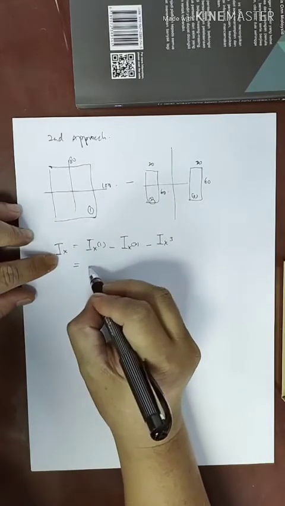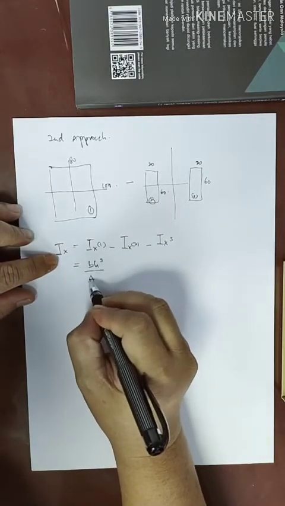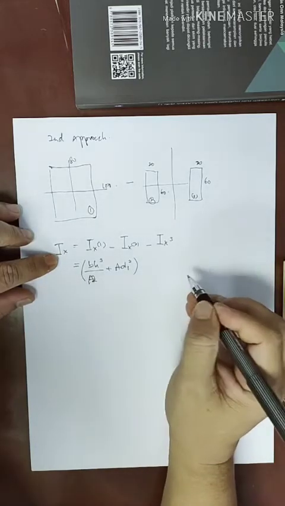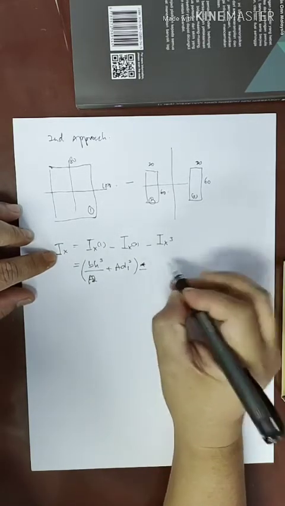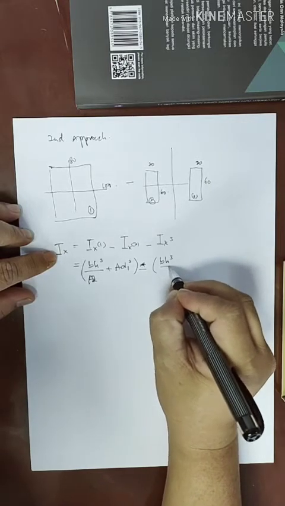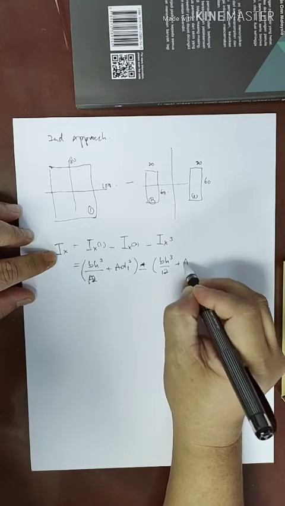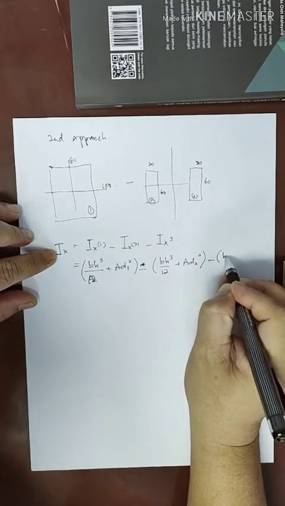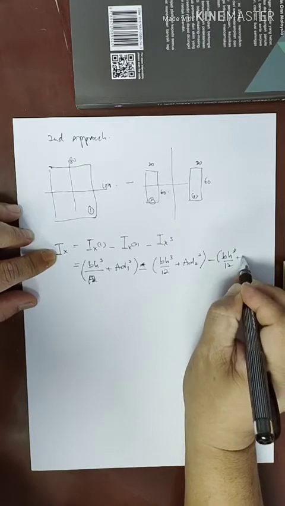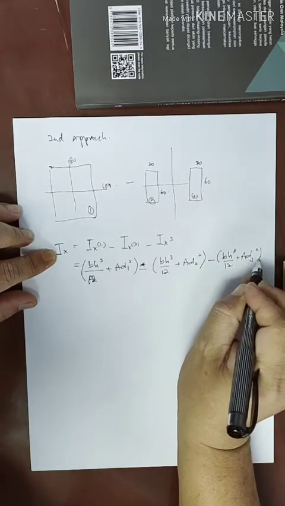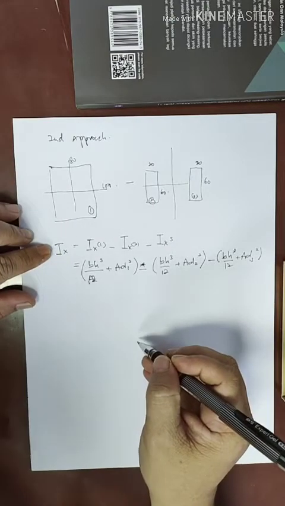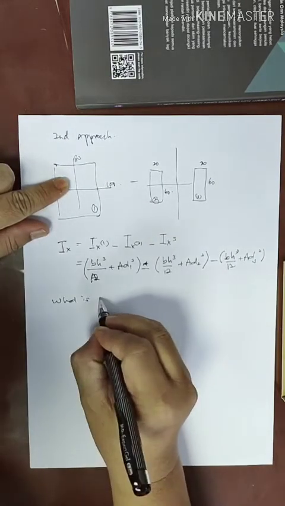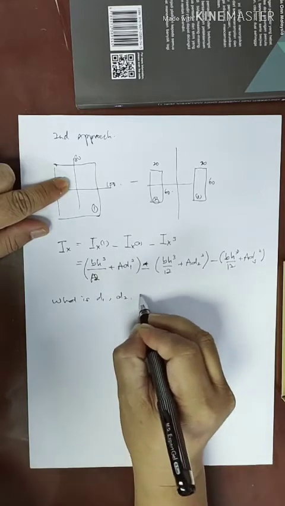Okay, the Ix1 refers to bh cubed divided by 12 plus A d1 squared, minus bh cubed over 12 plus A d2 squared, and then minus bh cubed over 12 plus A d3 squared. Okay, what are d1, d2, d3?